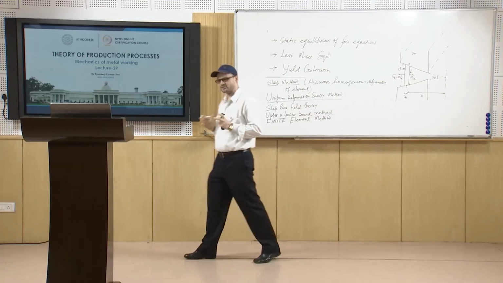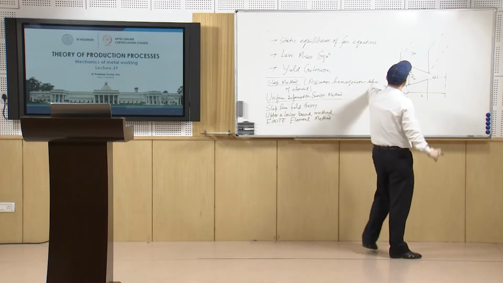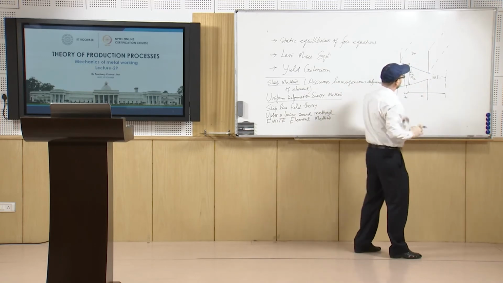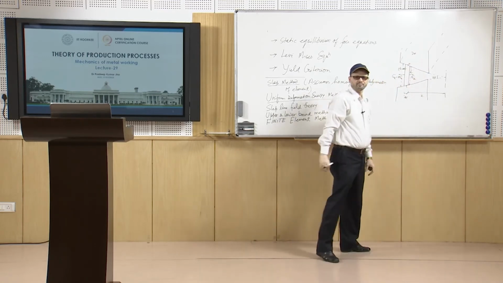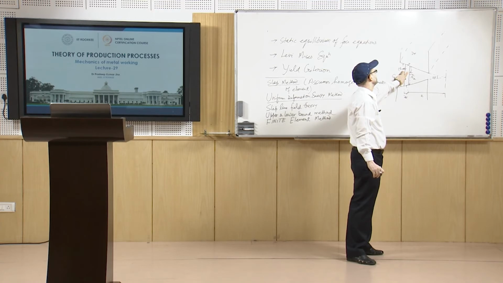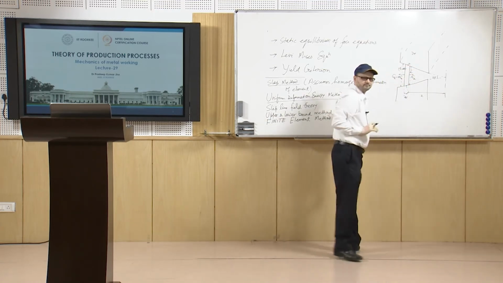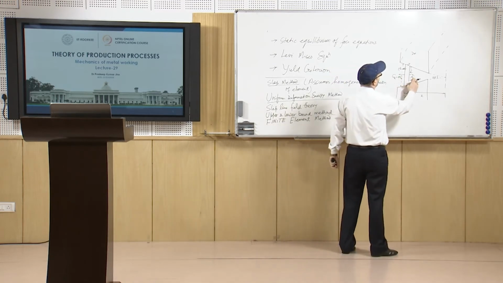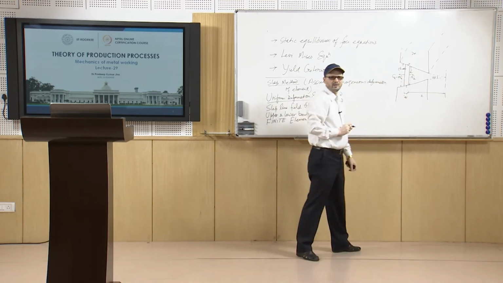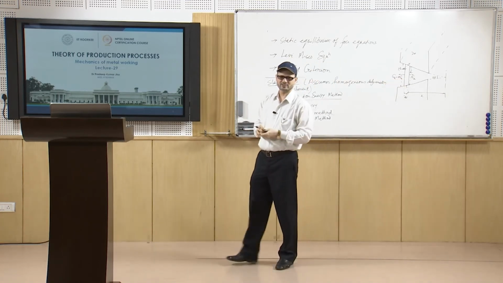This stress is acting on this face, so you will have sigma x plus d sigma x acting on h plus dh. This way it will have one component on this side. Similarly, sigma x into h on this side, and that will be the force balance equation for the x direction.